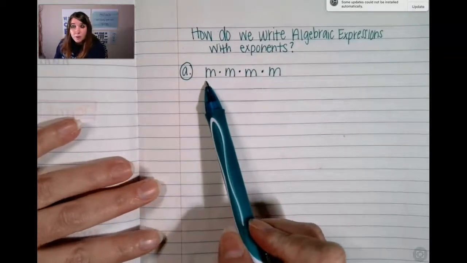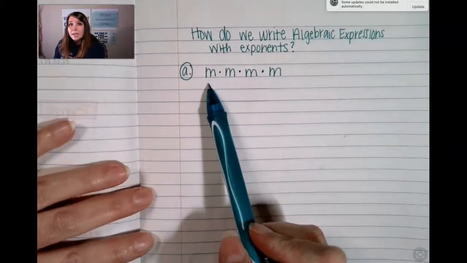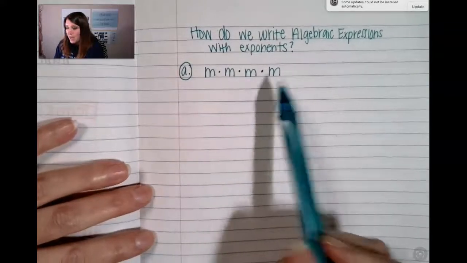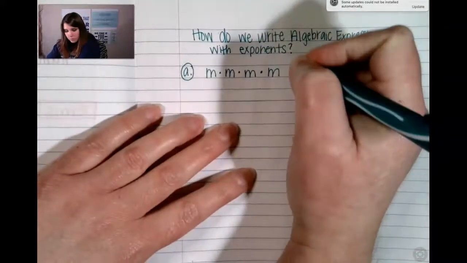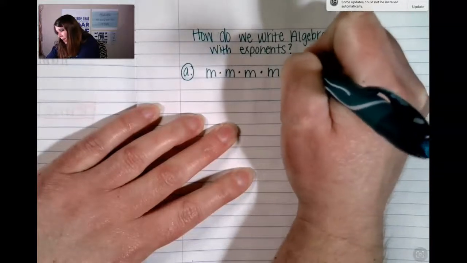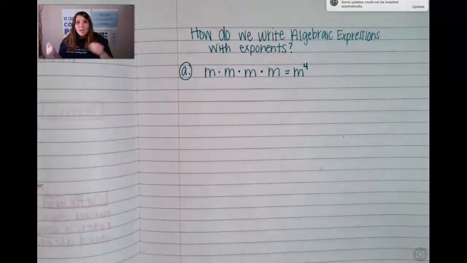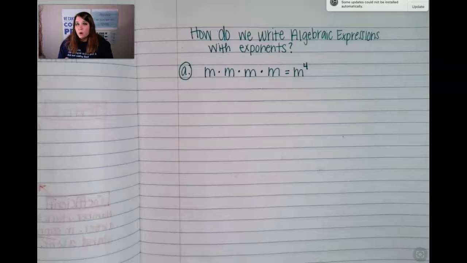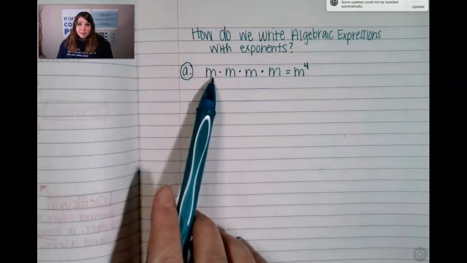Now, this problem, we can collapse and say it's all about the M, about the M, about the M, about the M, which means that really this problem is all about M to the power of 4. It works the exact same way that it did with numbers, except you're just using letters because we don't know what the M is.